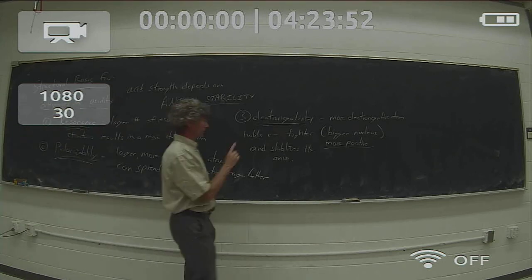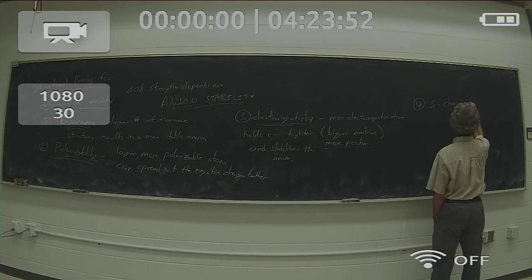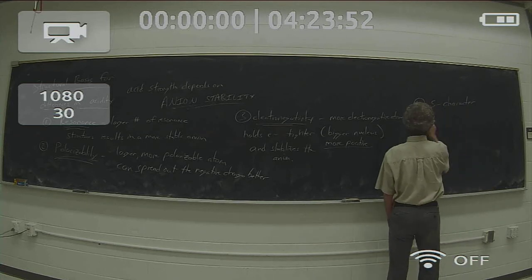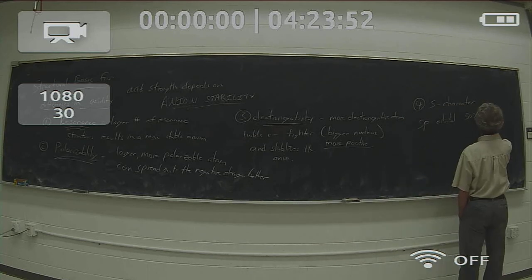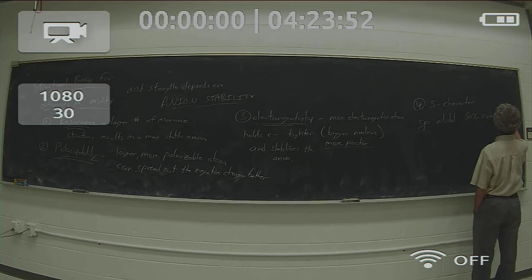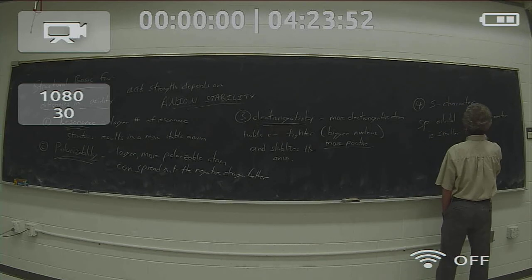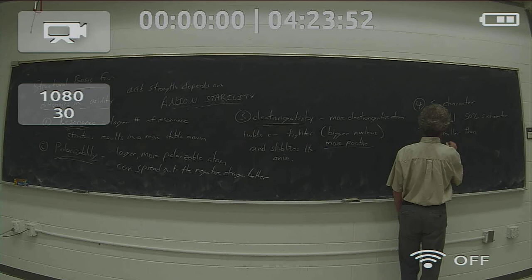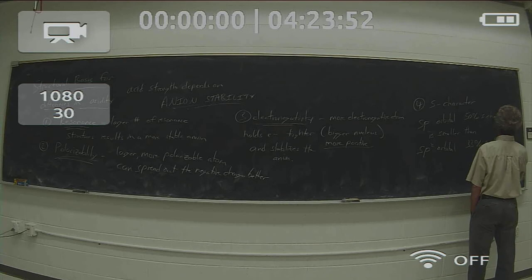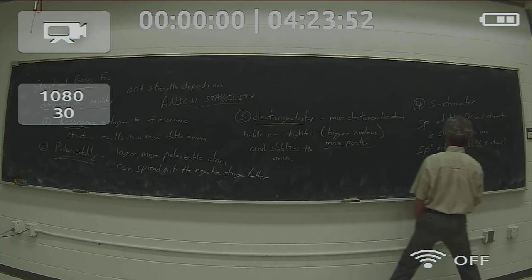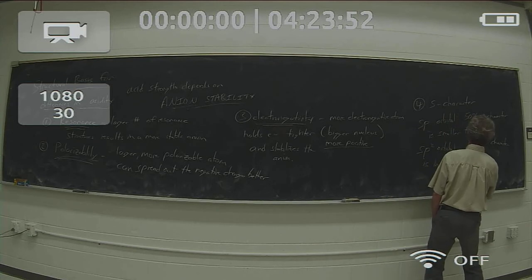What you will not have learned, the last one, is what we refer to as the S character. An sp orbital, which is 50% S character, is smaller than an sp2 orbital, 33% S character, which is in turn smaller than an sp3 orbital.